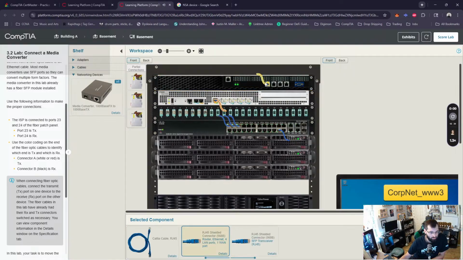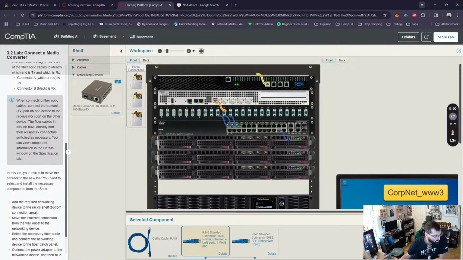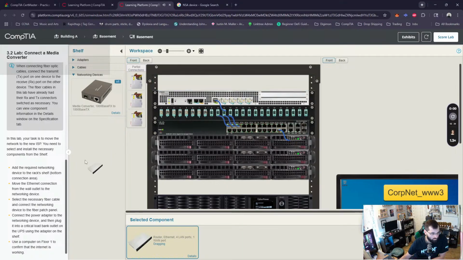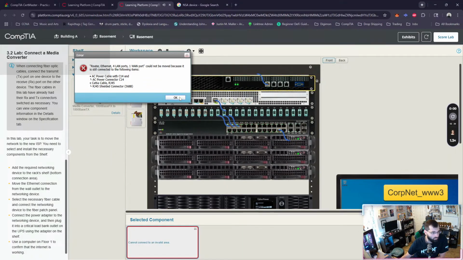Well, let's just start unplugging things, I guess. Add the required network device to the rack shelf. Okay.